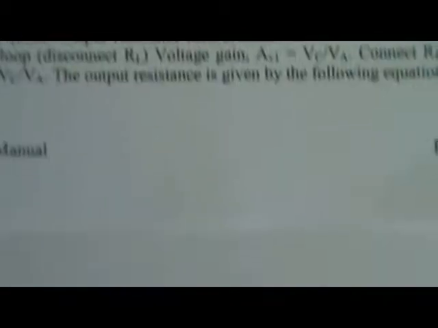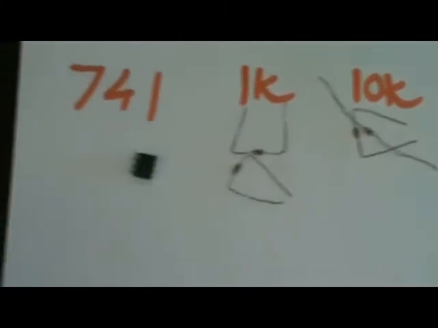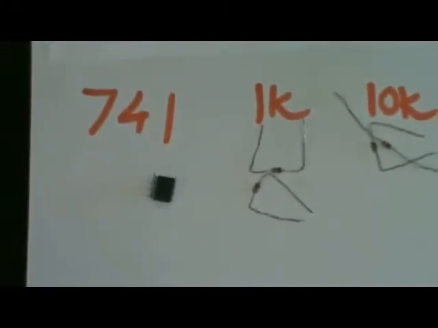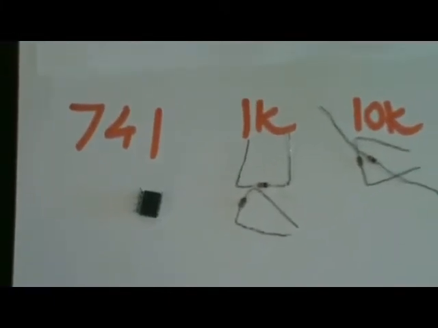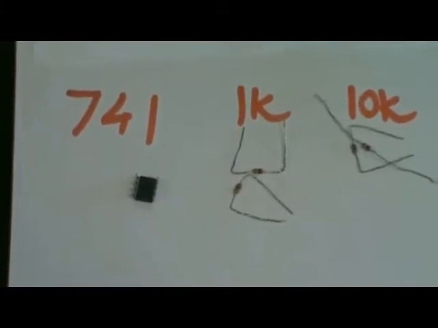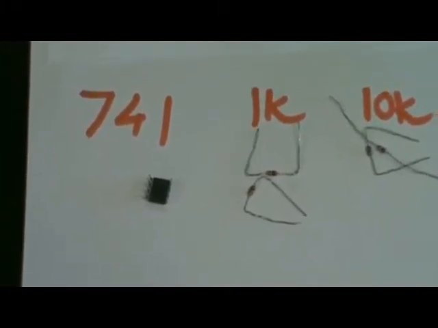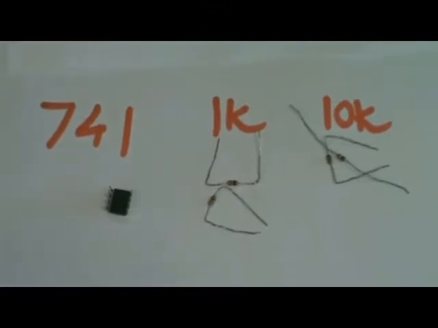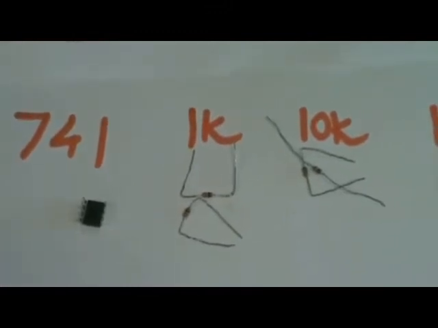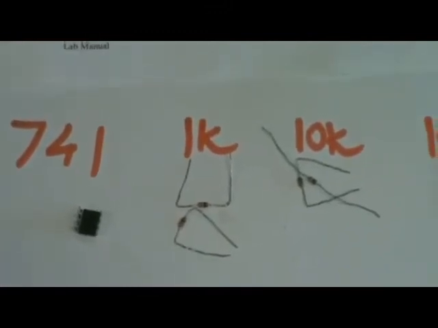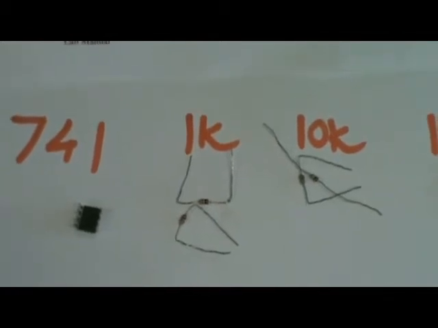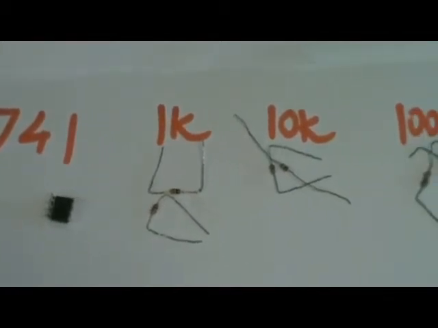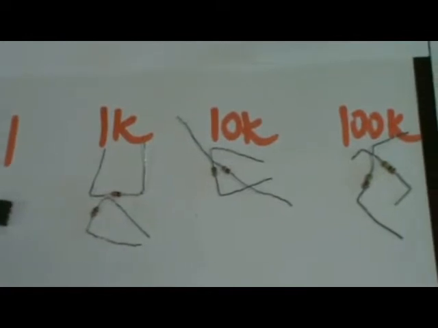These are the list of components and values. 741 op-amp. There are two op-amps we can use. Otherwise, LM324 single quad pack op-amp also we can use for today's experiment. 1K, 10K and 100K resistors.